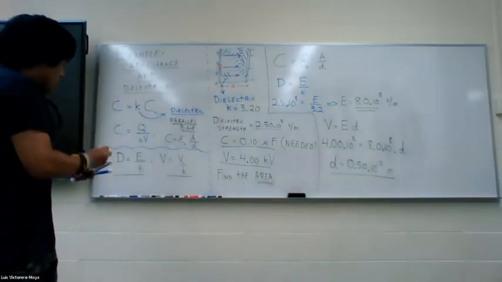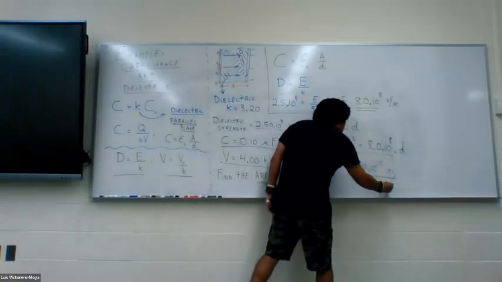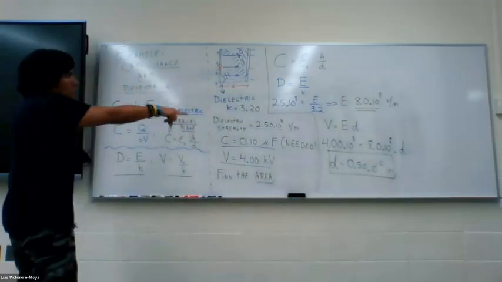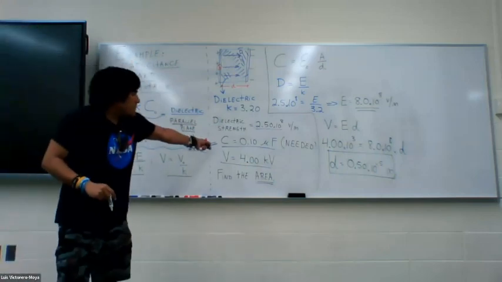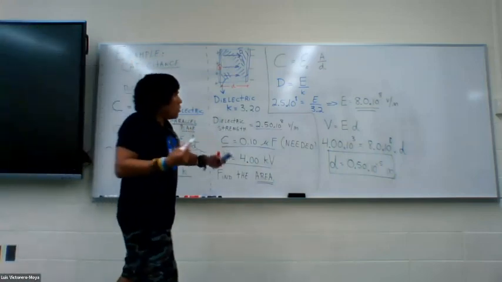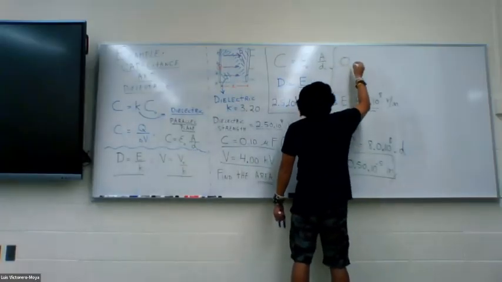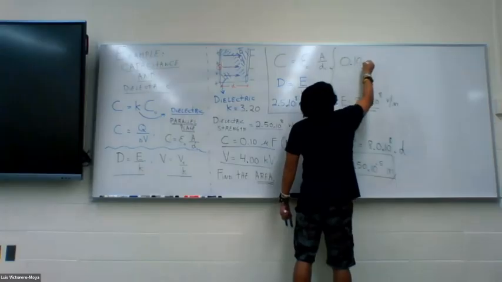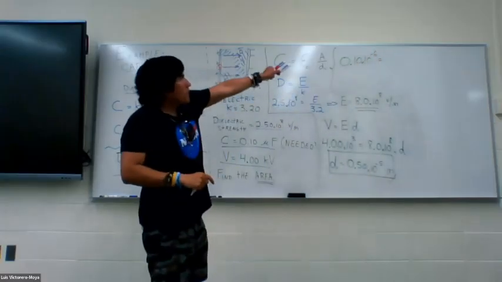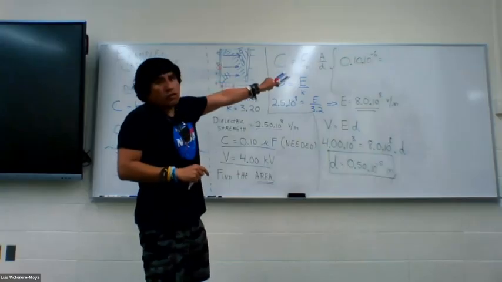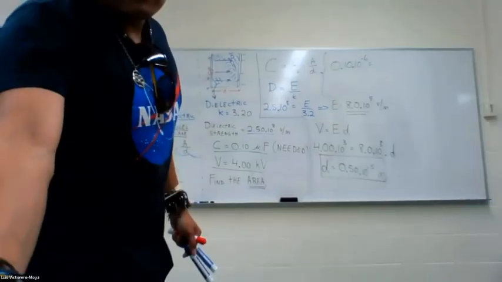That's the distance between the plates. So I have the distance. Now I can use that to find the area because I have the capacitance. So 0.10 microfarads, which is 0.10 times 10 to the negative 6, equals epsilon naught, and epsilon naught is your constant, right?